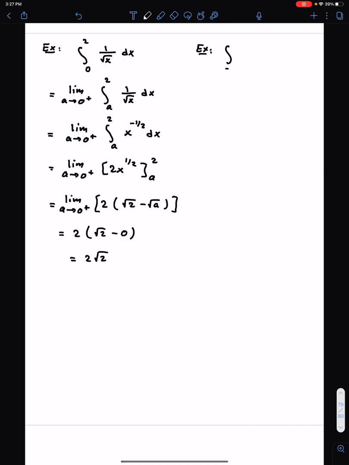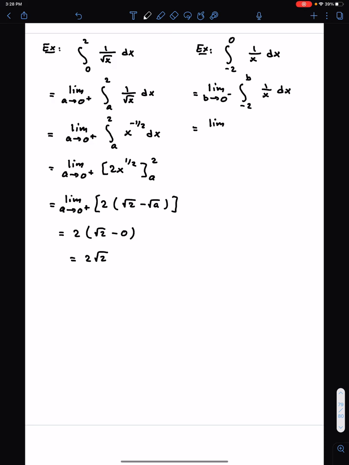The integral from negative 2 to 0 of 1 over x dx. What makes this improper is that the upper bound is 0. So the limit as b approaches 0 from the left of the integral from negative 2 to b of 1 over x dx.